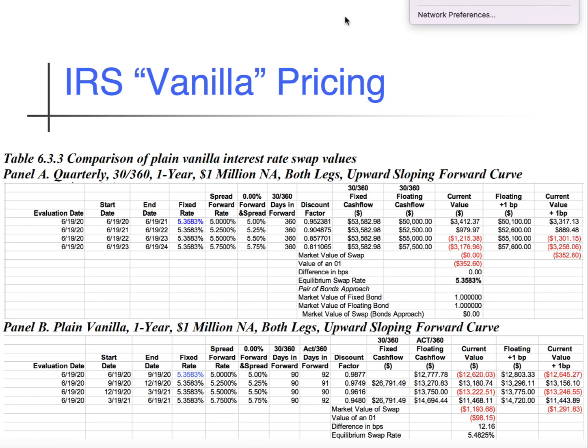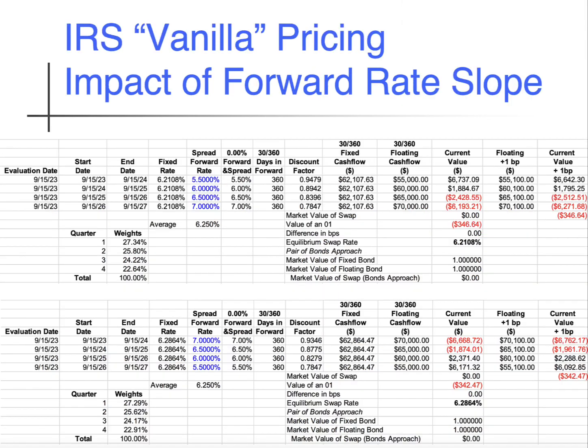And so if we look at an upward sloping forward curve, this time it's 50 basis points each. If we take the weighted average, the present value weights, we'll notice that we weight more heavily to the front end. The arithmetic average is 625, but the equilibrium fixed rate is 621, which is slightly less.